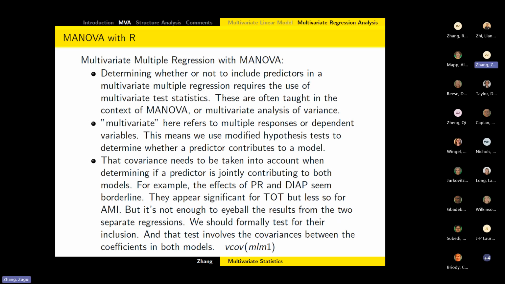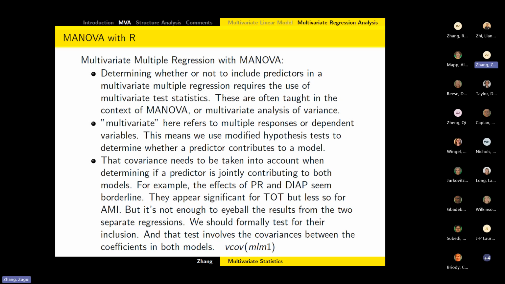As I just mentioned, separate ANOVAs are not equivalent to the results from MANOVA, because we need to determine whether or not to include the predictors in a multivariate regression. So we need to conduct the multivariate test statistics. When we use the multivariate approach for multiple response or dependent variables, that means we use modified hypothesis tests to determine whether a predictor contributes to a model.